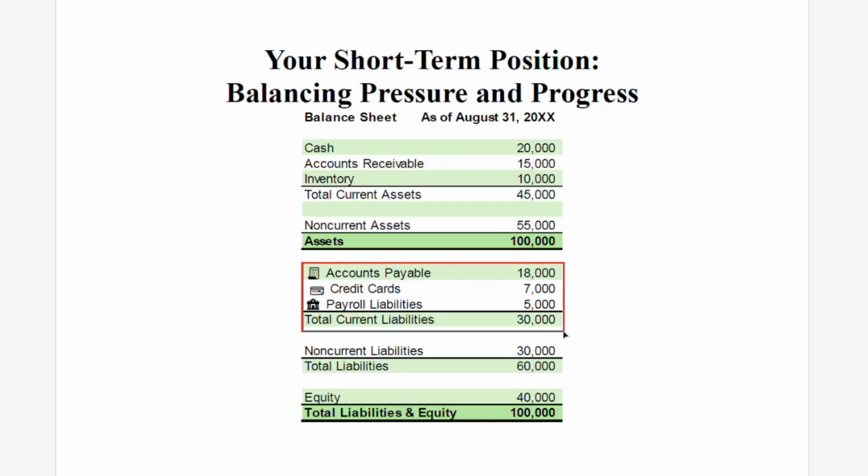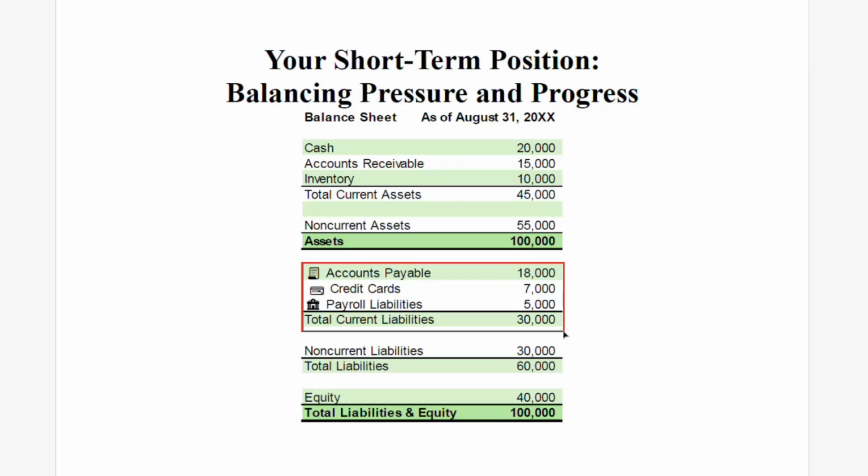Most of the time, these current liabilities, I know that the definition of current means within a 12-month period, but most of the time, these bills are due far sooner than that. Payables, depending on the terms that you might have with the vendor, are going to be 30 days or 15 days.